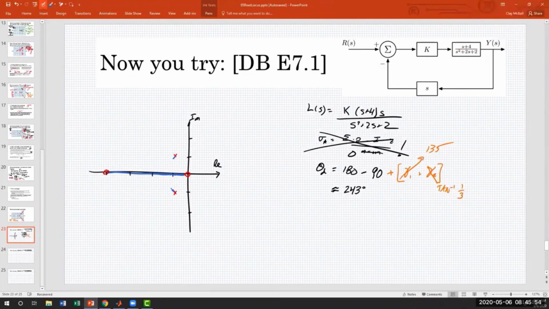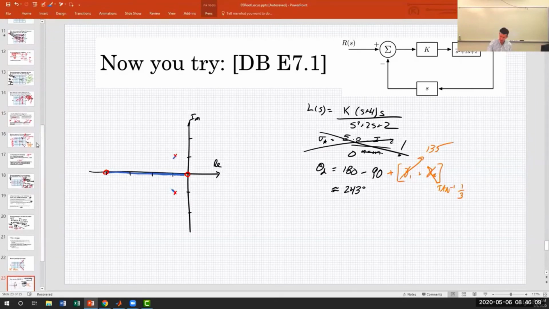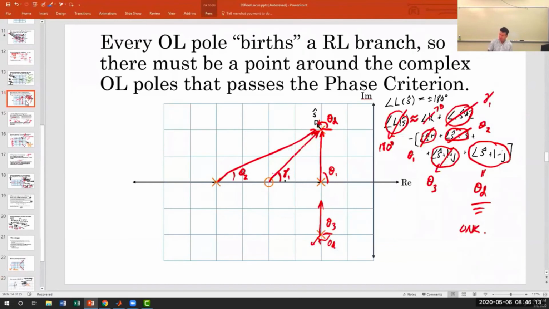Yeah, how do we find those angles again? Which angles are you referring to? The 135 and the arctangent of 1/3. Those are the angles formed by the vectors. Let me see if I can find the slide. Here we go. They are the angles formed by the vectors rooted at the open loop zeros. So here we only had one, so it was gamma 1, pointing to the open loop pole that we're departing.